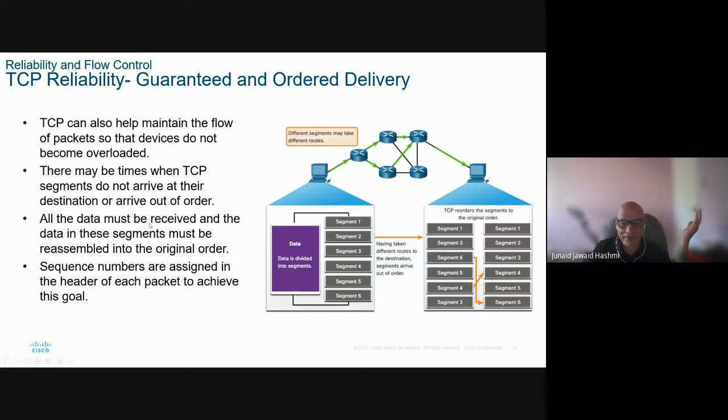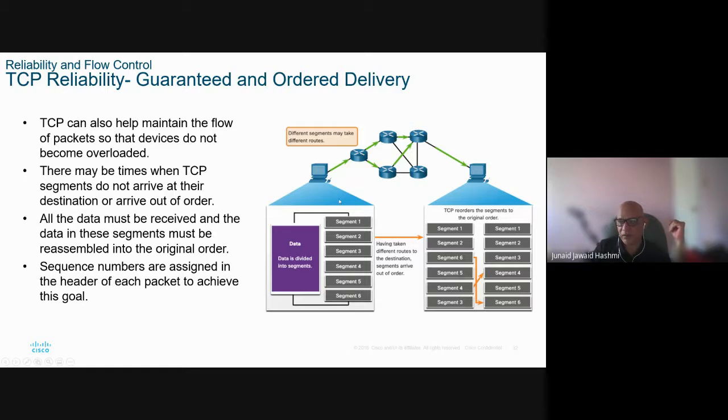All the data in these segments must be reassembled in the original order, because that's how it provides the reliability, and therefore sequence numbers are assigned in the header of each packet.